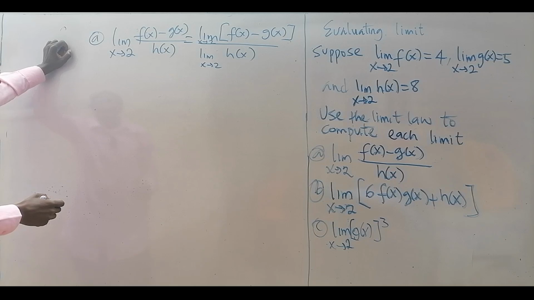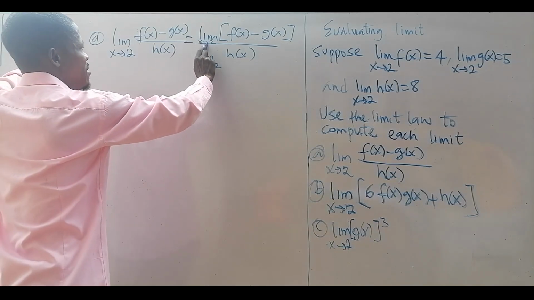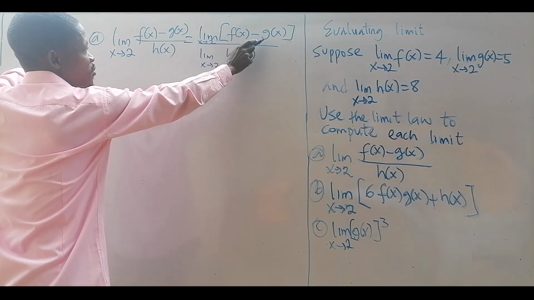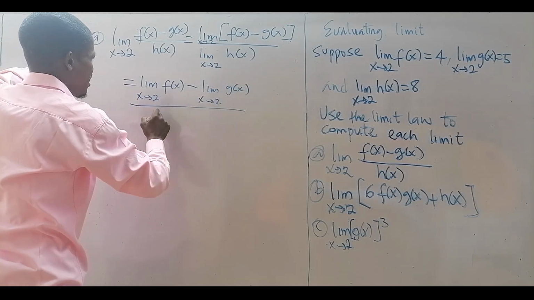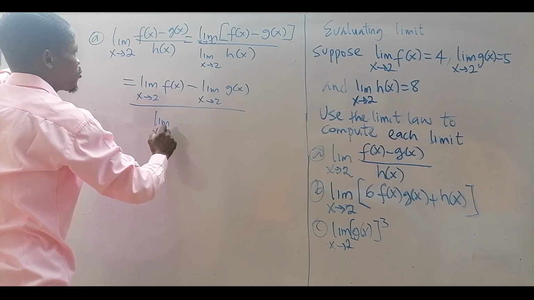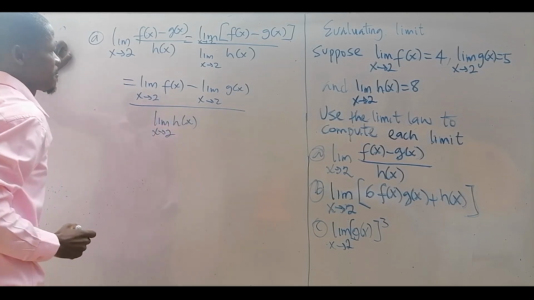So you now have a limit of a difference of functions, all over the limit as x tends to 2 of h of x.